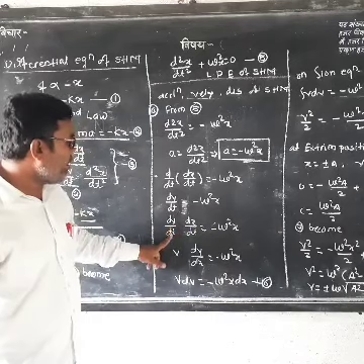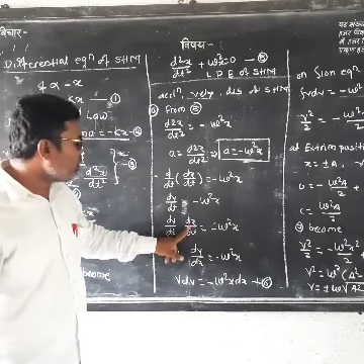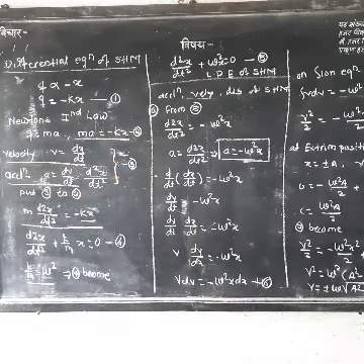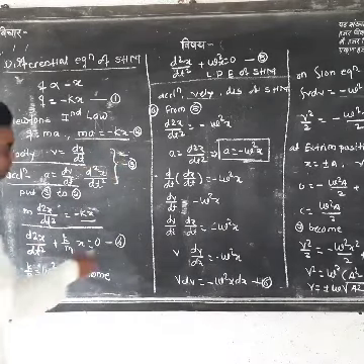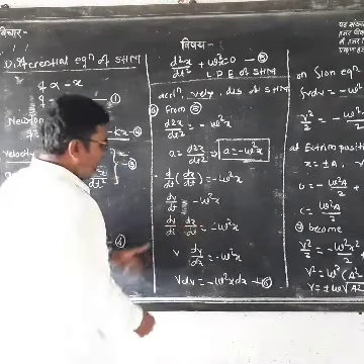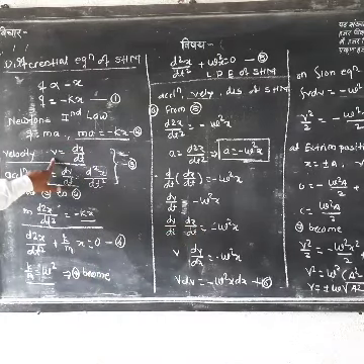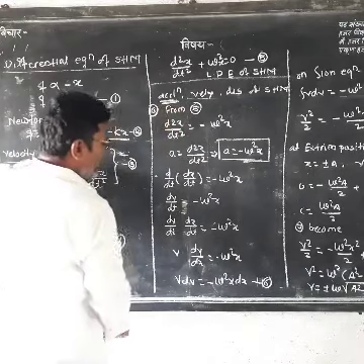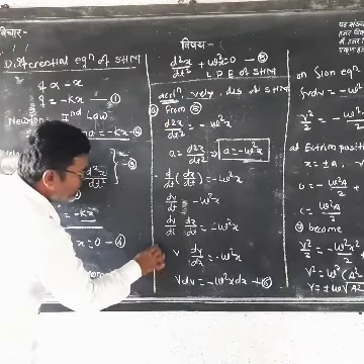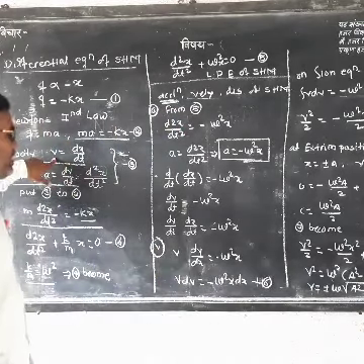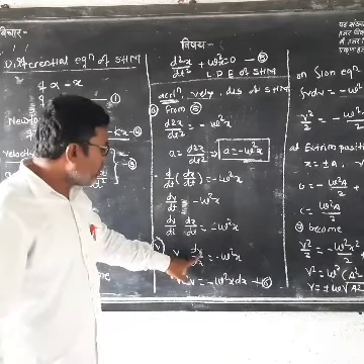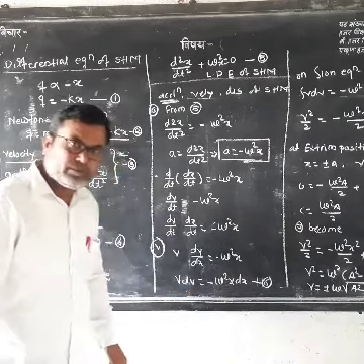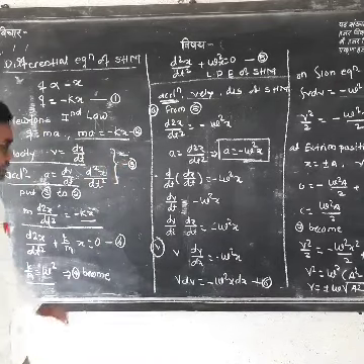Here dx upon dt is nothing but the velocity, so we put v. Then v dv upon dx is equal to minus omega square x.